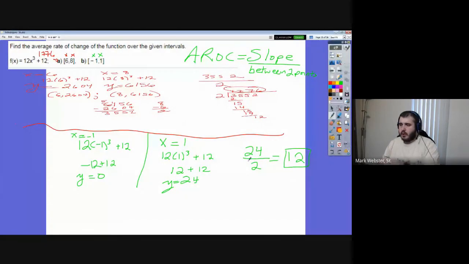So you'll take 2 points, make sure you have your x value and your y value of each point. You're probably going to be given the x values. Take those points, plug everything in, get x comma y, and then do the slope like you did in Algebra 1 in middle school.